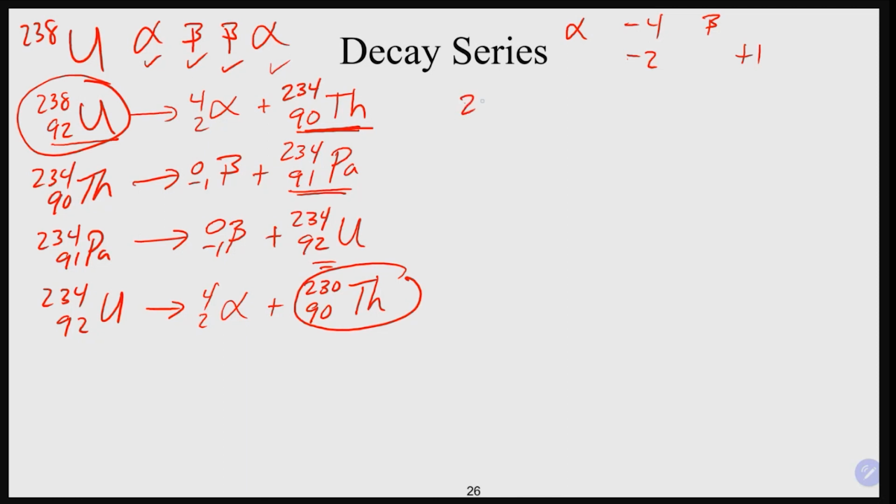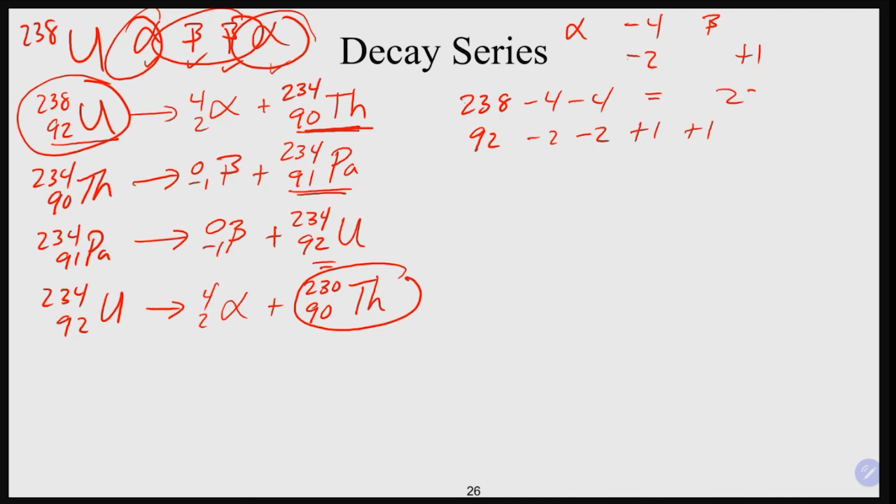If we took 238 and 92, we have two alpha decay processes, which means we're going to subtract 4 and 4, and also 2 and 2 from the atomic number. And we have 2 beta decays, which means we will add 1 back for each of those. If we do that math, that's going to be 234 and 230 for our top number. That's going to be 92 to 90 to 88. Add 2 back gets us to 90, and we are in business there.